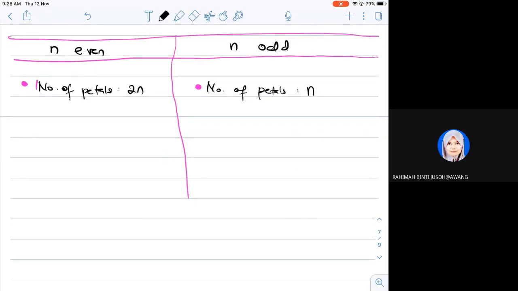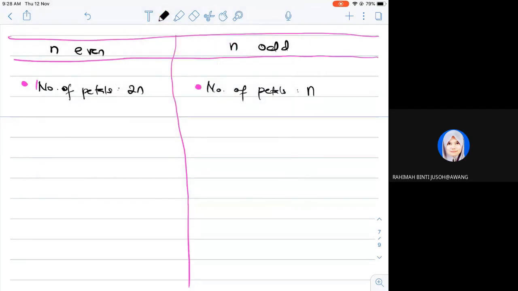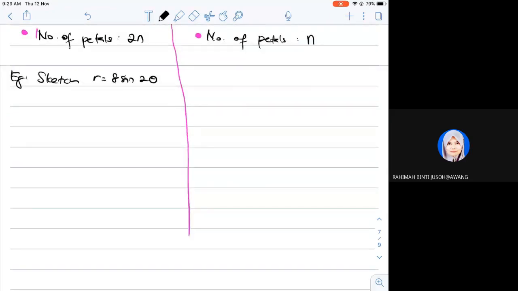Okay, now let us do this one by one. Let's say for example, sketch r equals 8 sine 2 theta. In order to sketch the roses, we need to know where is the location of the petals.